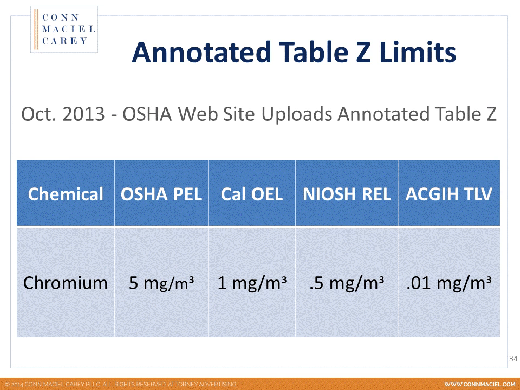Almost across the board, those limits are significantly lower than OSHA PELs. I pulled out just one chemical to give you an example. Total chromium, the PEL for total chromium is 5 milligrams per meter cubed. The Cal OEL is 1 milligram, the NIOSH REL is 0.5, and the ACGIH TLV is 0.01.